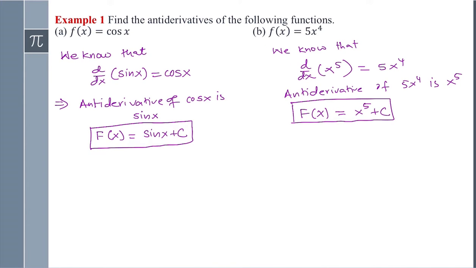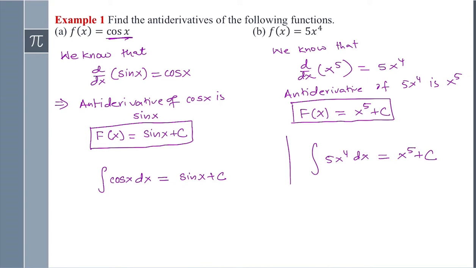So for example, you're finding the antiderivative of cosine x. This is how we write it in notation. Okay, so we write the integral of cosine x dx equals sine x plus c. Similarly here, the integral of 5x to the fourth dx equals x to the fifth plus c. So this is how we write it in notation.